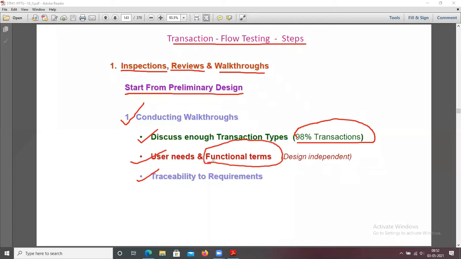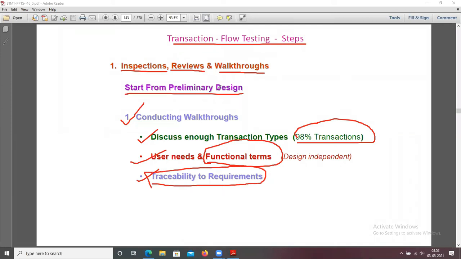That means design independent. Ask the designer to relate every flow to the specification and to show how the transaction directly or indirectly follows from the requirement. So this is the traceability to requirements.